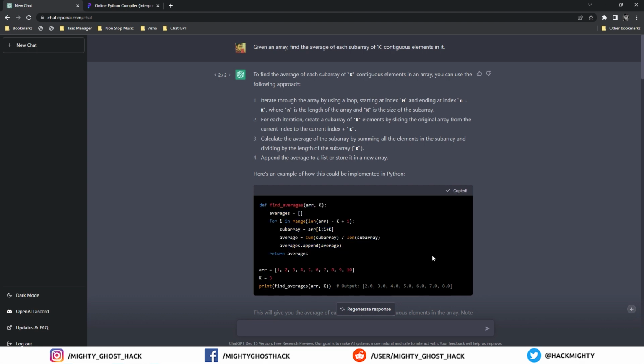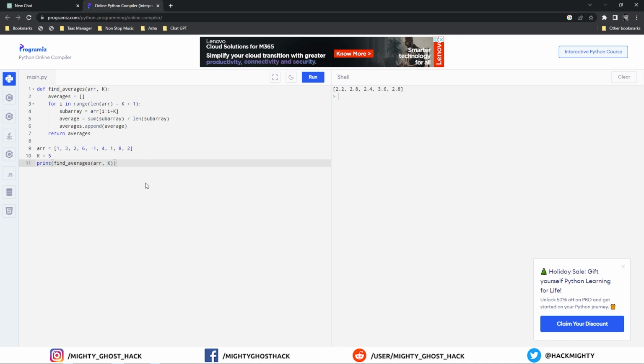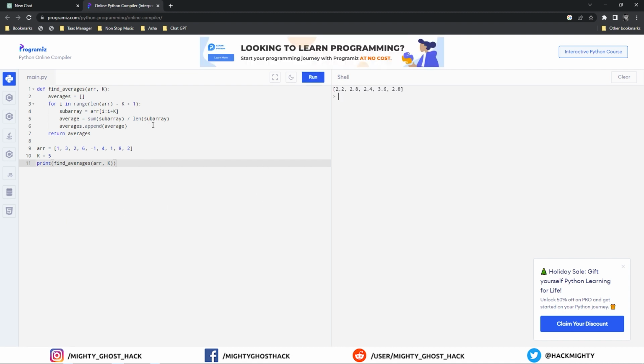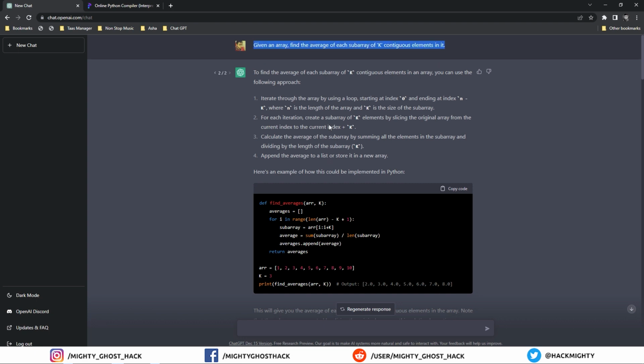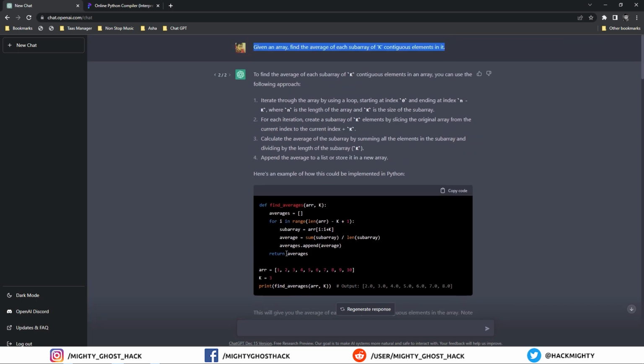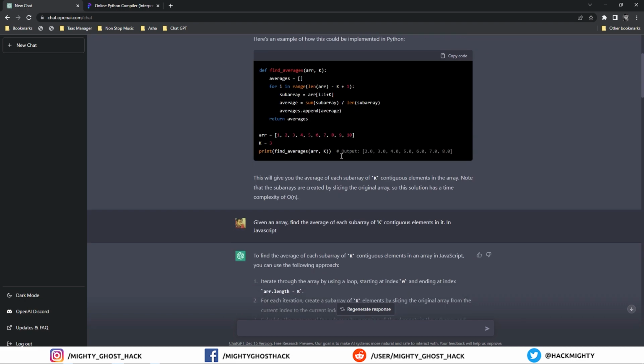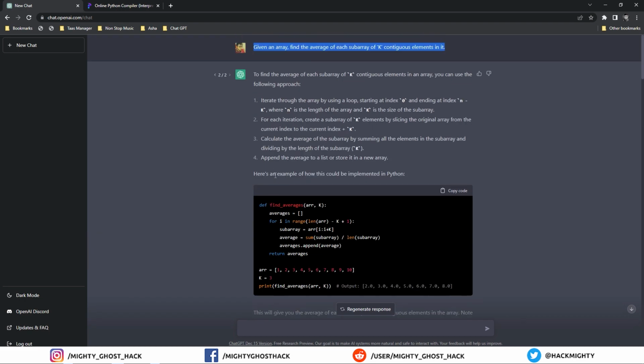Now I tried to copy this code and paste it into another Python interpreter because this is Python code. When I ran it after changing the input, I got the right answer. So I gave a single question and got the right code for it. I was pretty impressed.